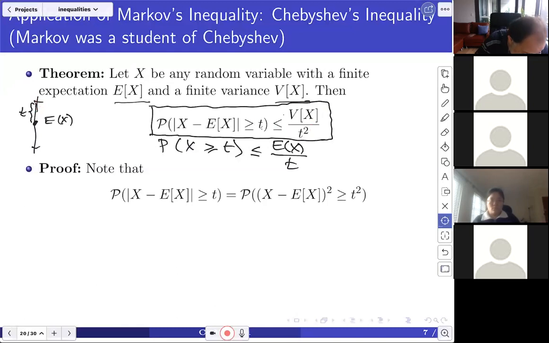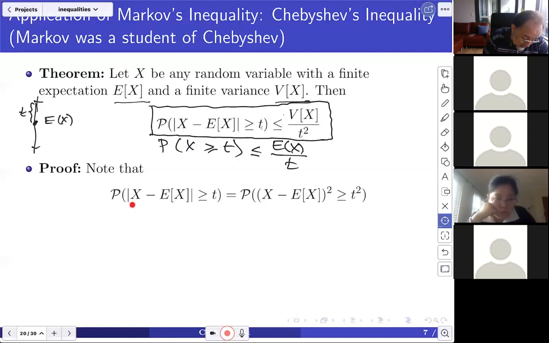Now, interestingly enough, as I said, this is obviously a sharper inequality, but in fact, somewhat surprisingly, it is proved just by using the Markov inequality. And the proof is extremely simple.